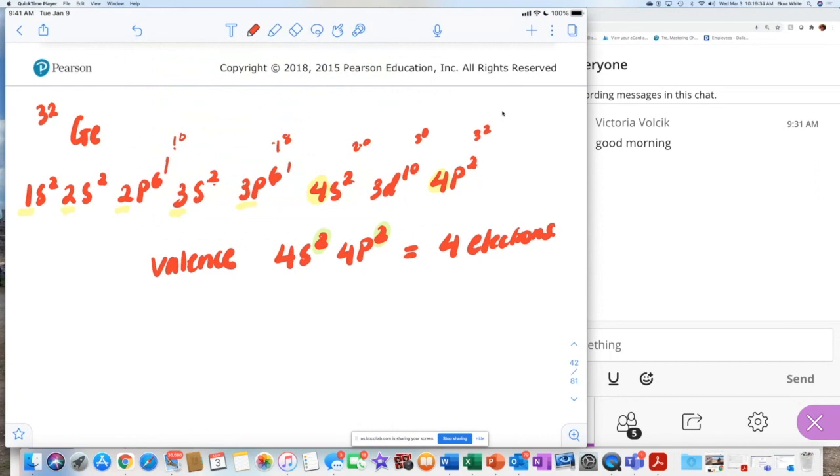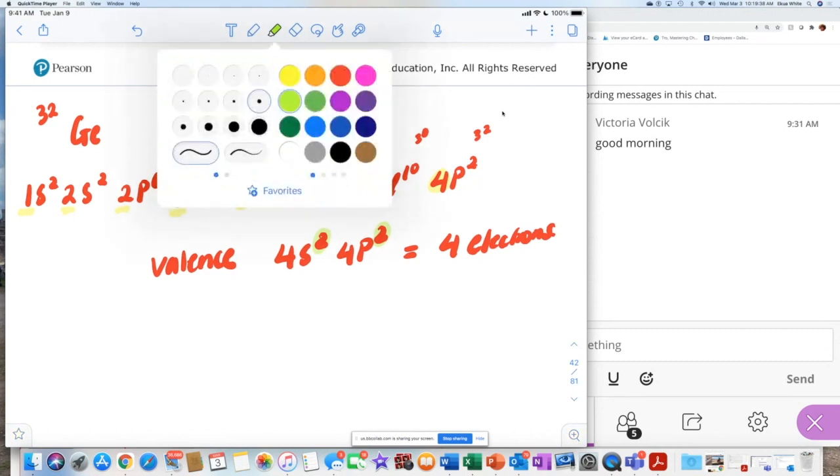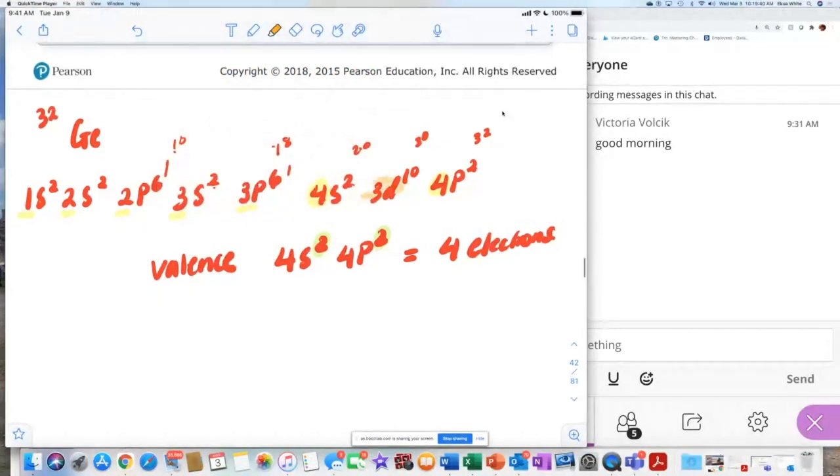And then what else did they ask for? They wanted core electrons. So the remainder of these, let me use a different color, orange. These right here end up being our core electrons. All the other ones that didn't make the cut are our core electrons.